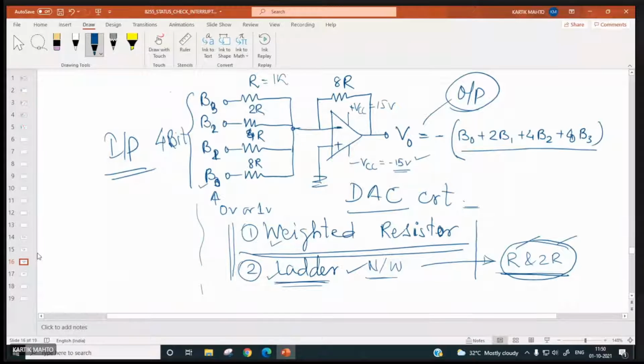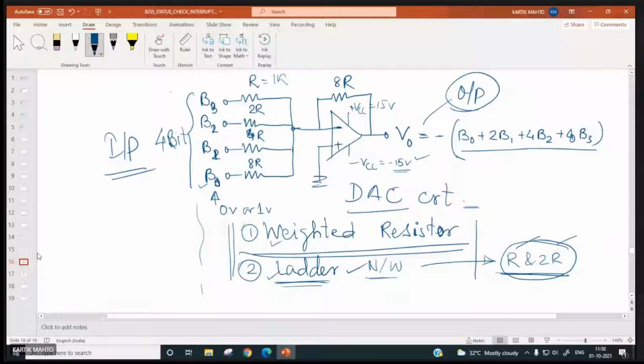How will you define? Sir, there is no clock involved. And in sequential? Sir, in combinational circuit, the output depends upon the present input. And sir, in sequential circuit, there is a memory.